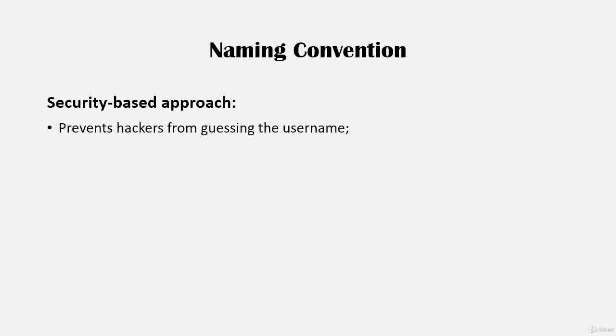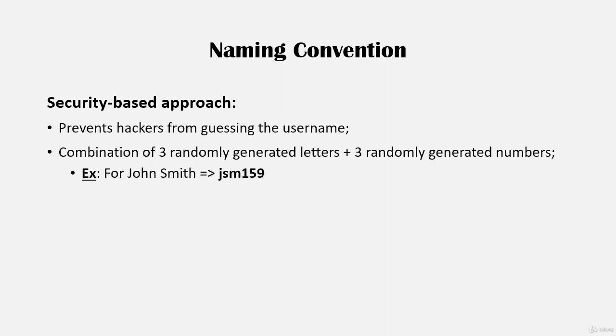This is why the security approach tries to make it harder for hackers to guess the username. It can be a combination of 3 randomly generated letters with 3 randomly generated numbers. You can make it simple for users to remember by combining 3 letters from their names with 3 numbers. For example, the username for John Smith can be JSM159.